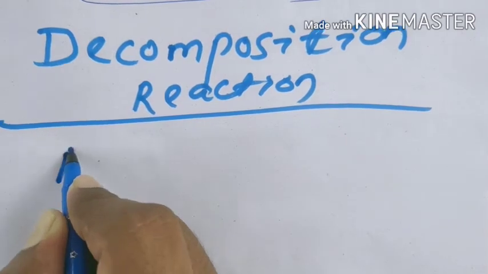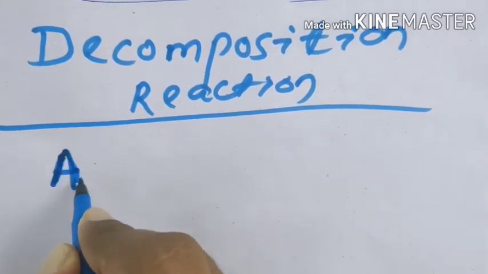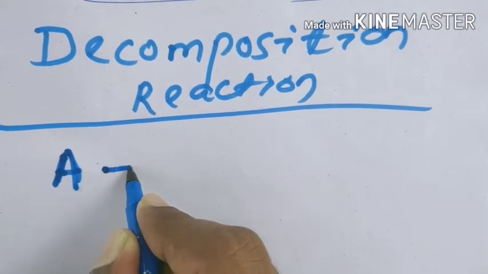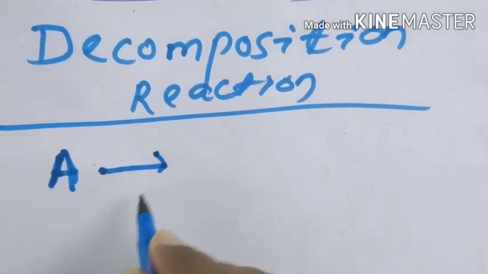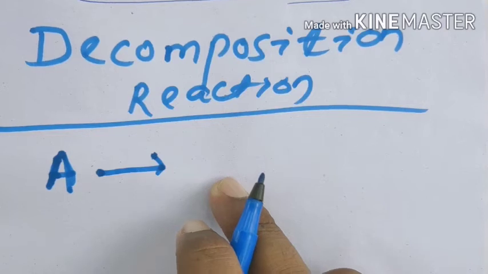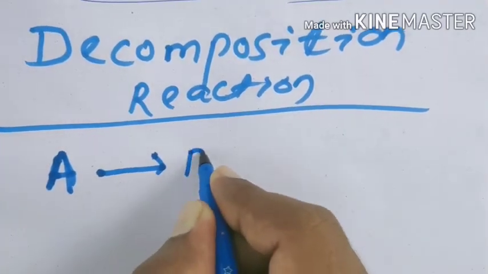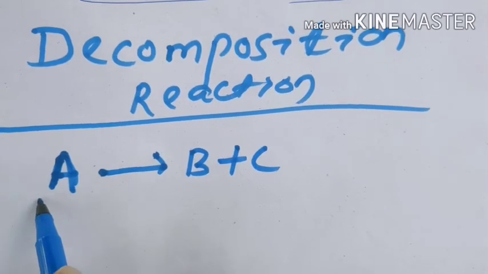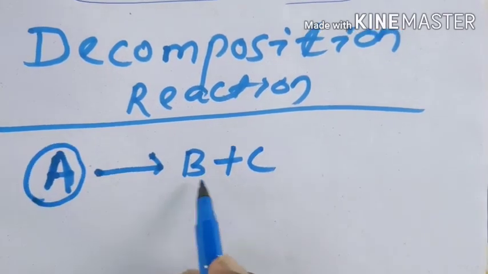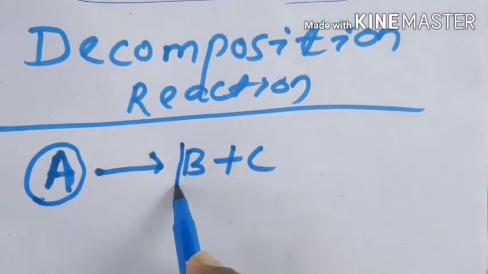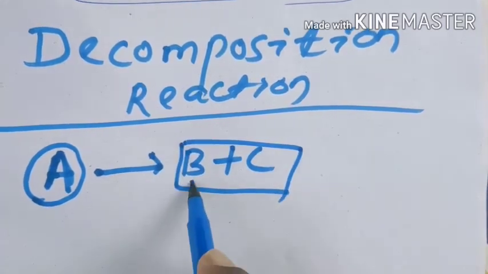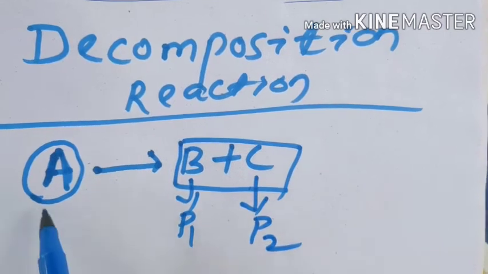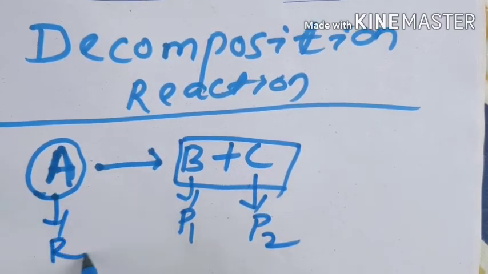Suppose A is a reactant, and A produces two or more products, B plus C. Here A is the reactant, B and C are the two products. B is product 1, C is product 2, and A is the reactant.